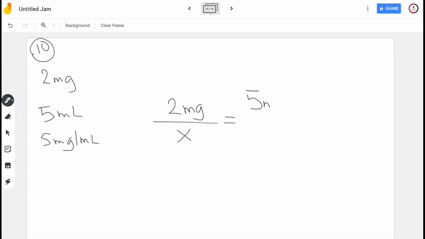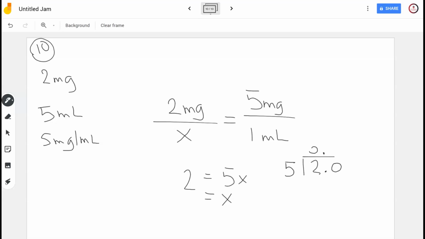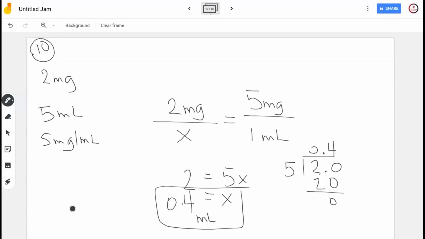You have 5 milligrams, 1 ml. 2 equals 5x. You divide 2 by 5 to get x by itself. Add a decimal. 5 goes into 20 4 times. So you are going to give that patient 0.4 milliliters of Versed.